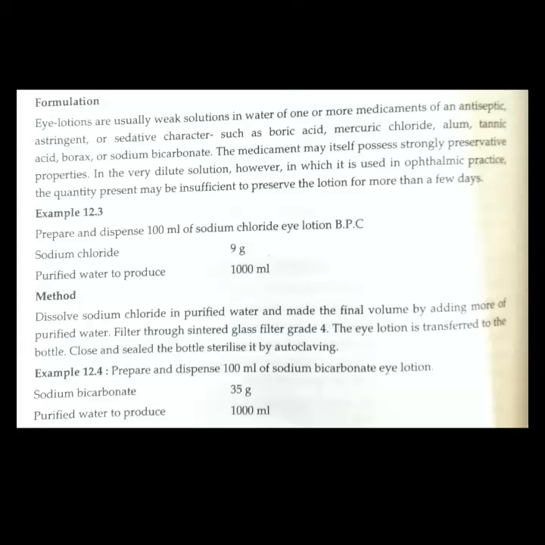In the very dilute solution, however, in which it is used in ophthalmic practice, the quantity present may be insufficient to preserve the lotion for more than a few days. These are examples of sodium chloride eye lotion and sodium bicarbonate eye lotion.